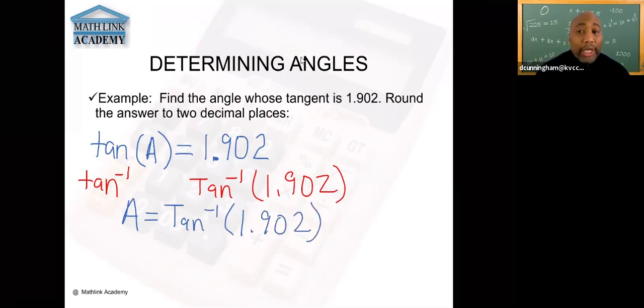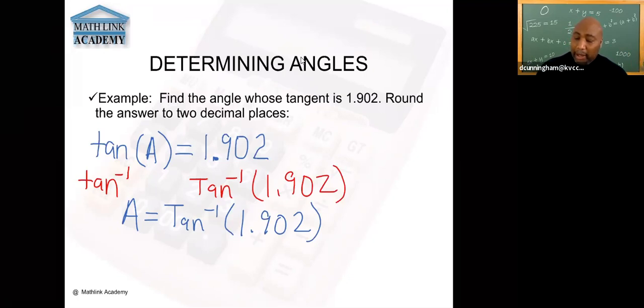On a calculator, we type in 1.902 and click tan inverse. Make sure your calculator's in degrees. If you're using a TI 83 or 84 or something similar, like the Inspire, you can just use the function tan inverse, type in 1.902, hit enter, and it should give you the same answer. So you have to be familiar with your calculator. This is how you find the angle.